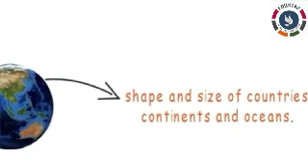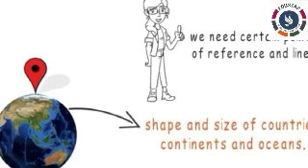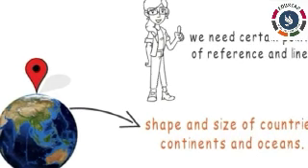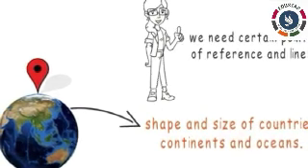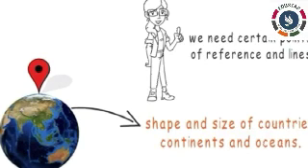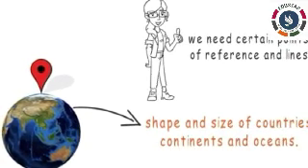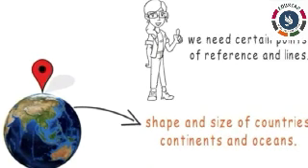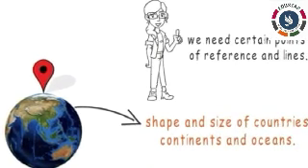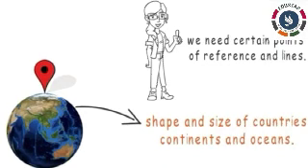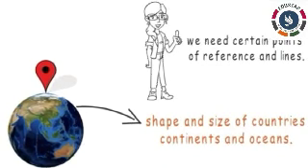The globe is not fixed. It can be rotated the same way as a spinning top or a potter's wheel is rotated. On the globe, countries, continents, and oceans are shown in their correct size.